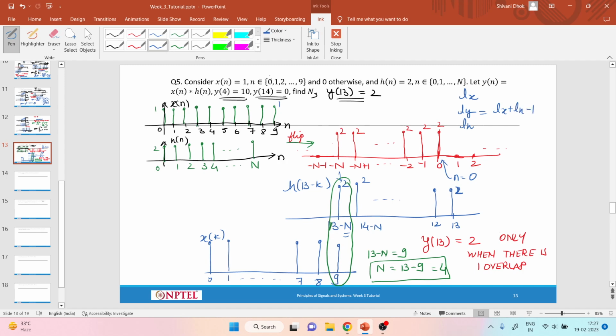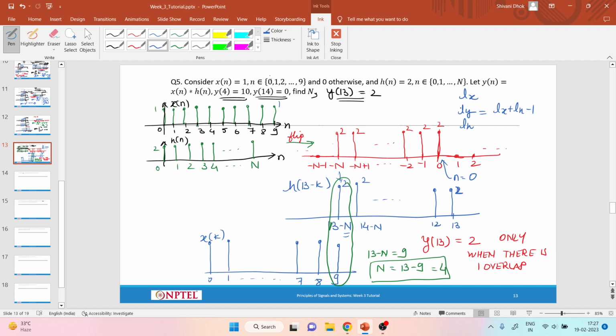Your Ly is 14, because your 14th sample is 0, and from 0 till 13 it will be non-zero, because if you flip h of n, your first non-zero sample is located at n equal to 0, and x of n is also non-zero at n equal to 0. So your y of n will range from 0 to 13.